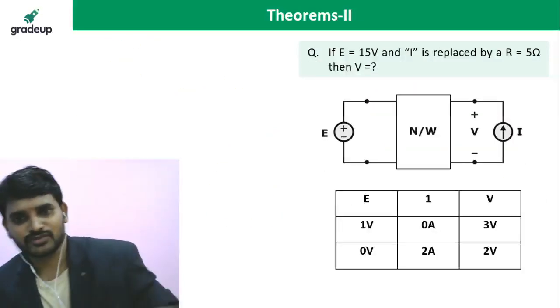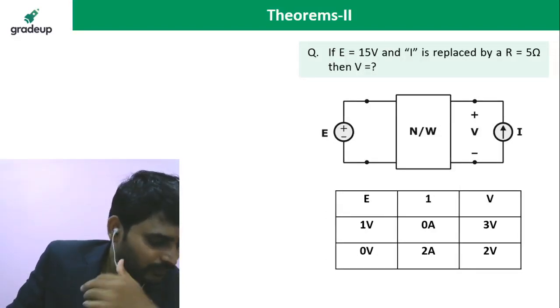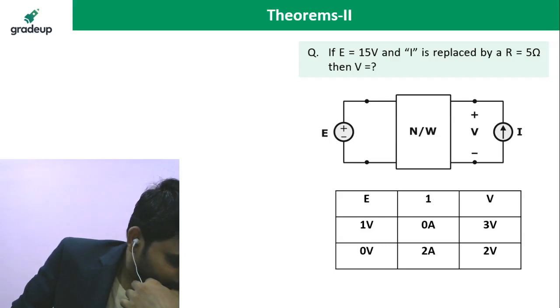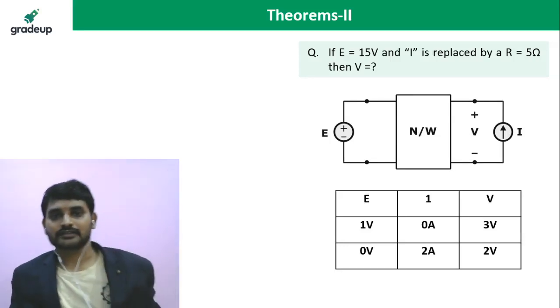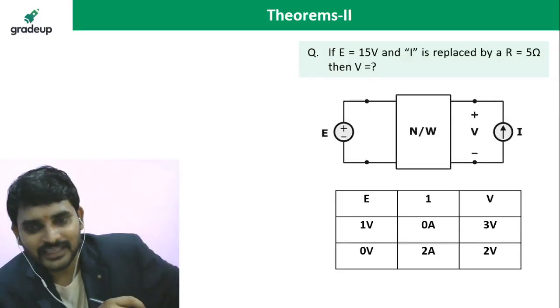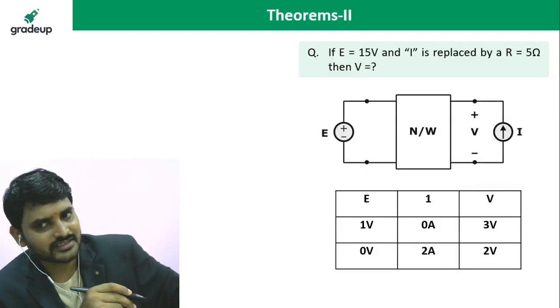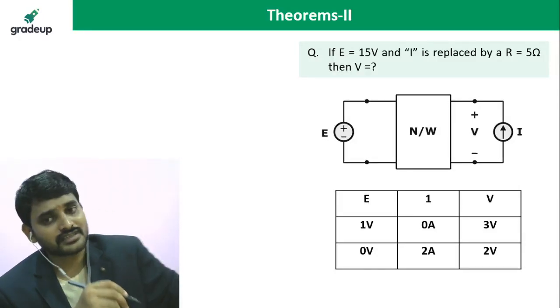Okay, let us move to another question here. Very good, Shreya. Least value of R. Have you seen this question any time? I think you might have seen this in engineering services prelims most of the times and the civil service examinations also.